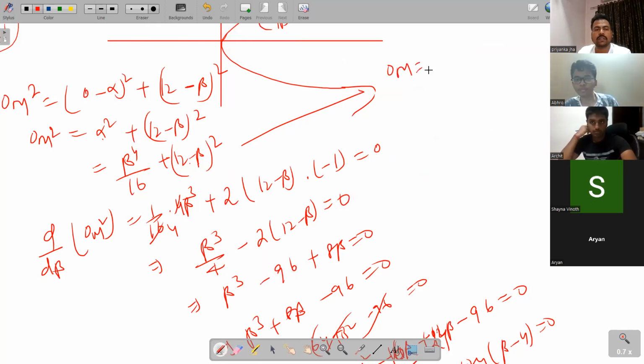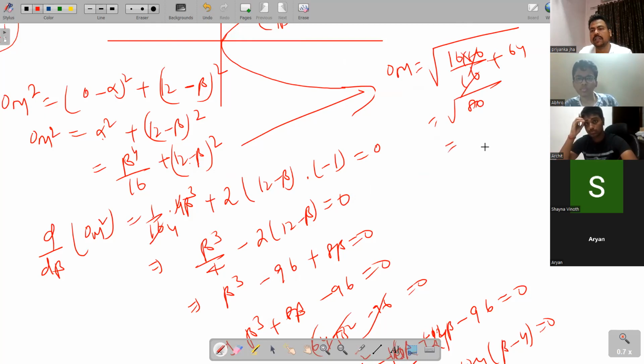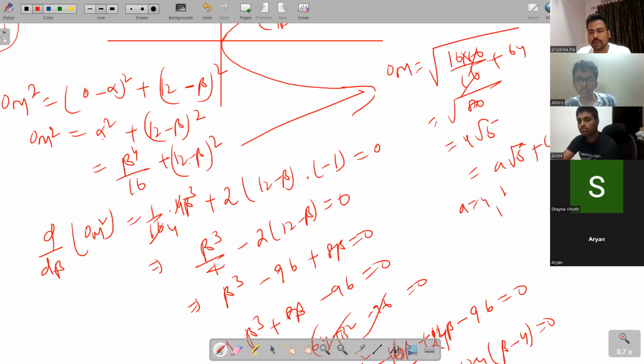So OM is 256 upon 16, 16 into 16 upon 16 plus 64. So that is 80. That is how much? 4 root 5. Now equate it to A root B minus C or plus C, whatever it is. So A is 4, B is 5, and C is 0 because nothing is here. So you have to find A plus B.